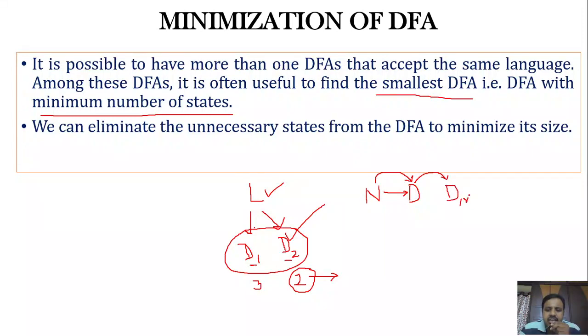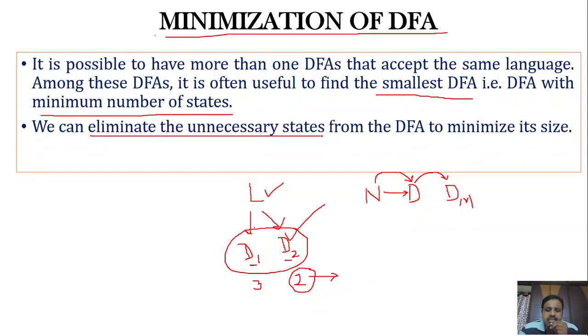We call this DM, the minimized DFA. So NFA to DFA, then we have to minimize the DFA. This is one of the reasons why we are discussing the concept of minimization of the DFA. How do we reduce the size of the DFA? To reduce the size of the DFA, we have to eliminate the unnecessary states.